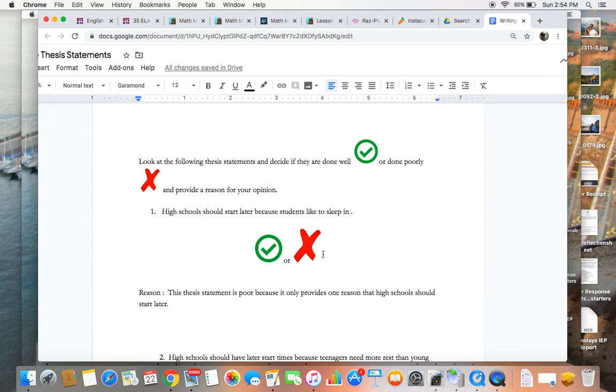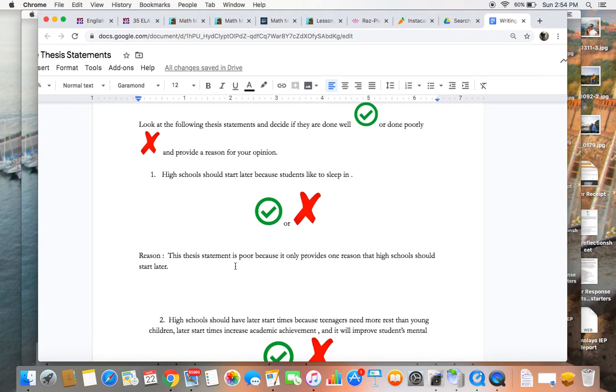This is an X. Okay, and the reason this thesis statement is poor is because it only provides 1 reason that high school should start later. Your thesis needs to have 3, maybe even 4 reasons, depending on your research. Okay, so this would be a failing thesis statement. This would be no good.